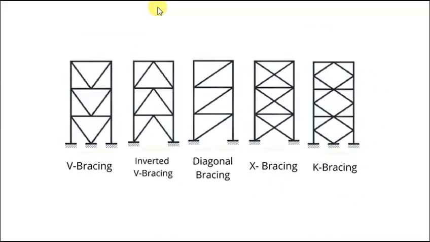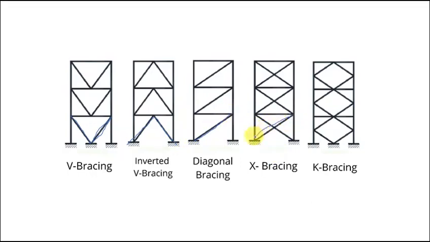What I mean by bracings, you can see in the picture here. We have different kinds of bracings. We have the V bracings; you can see this one emulates the letter V, that is why it is called a V bracing, and this one is an inverted V, deriving the name from that. This one is diagonal bracing, this one is X bracing.